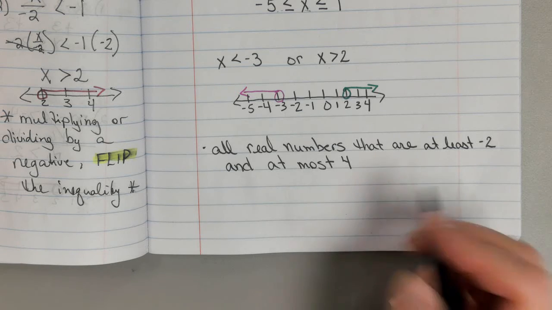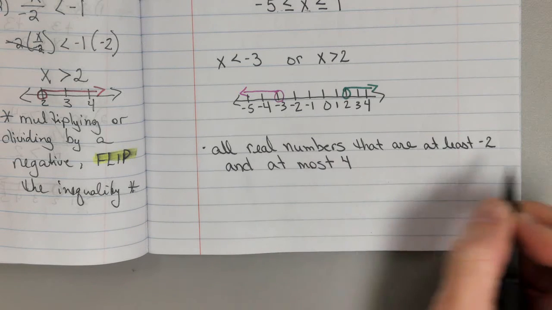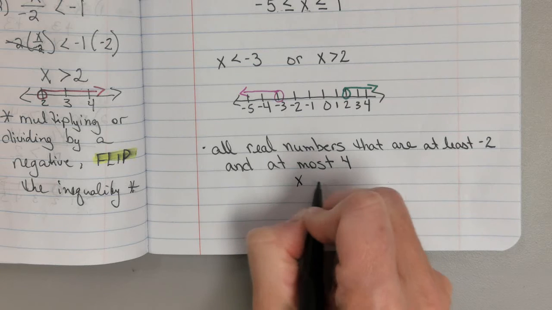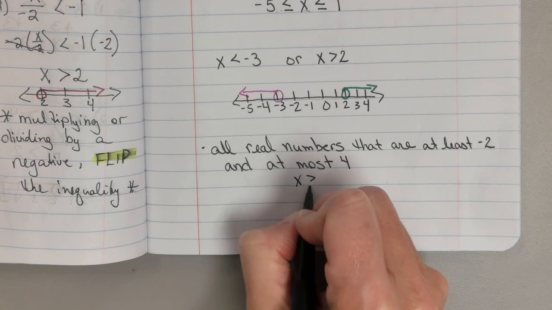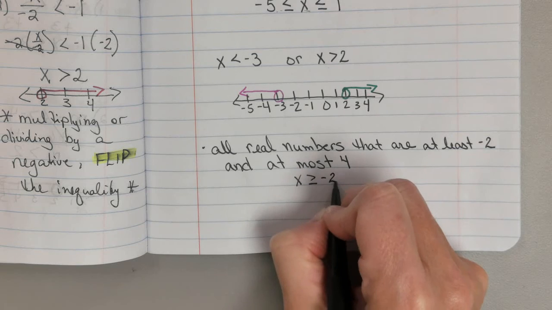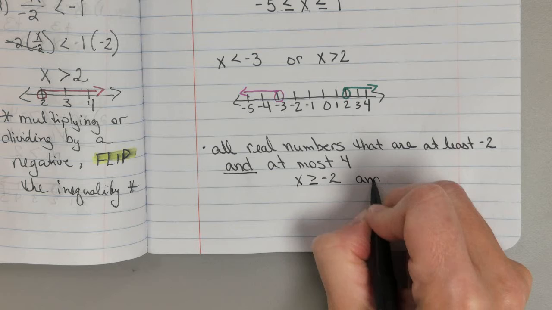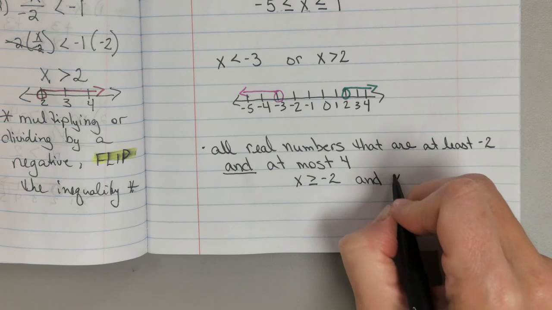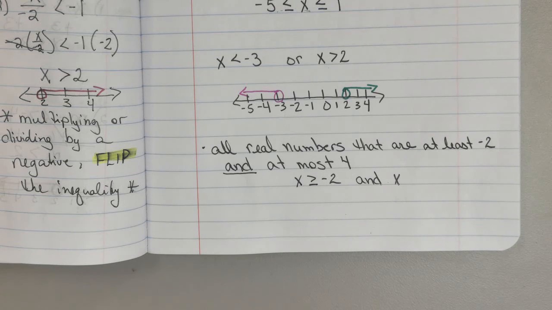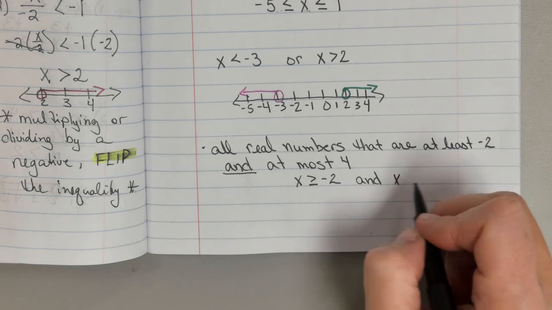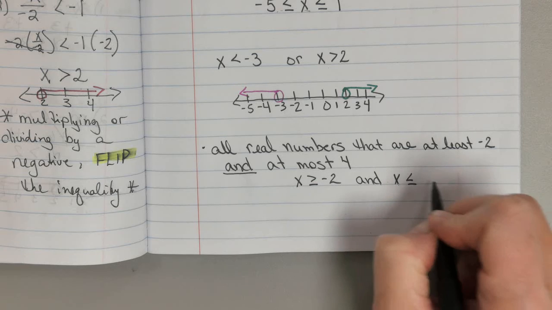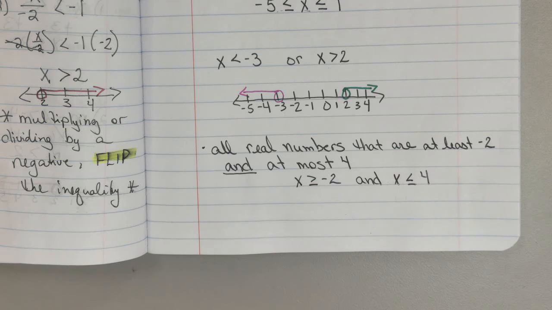So if we were going to write that, we said the at least, so x is greater than or equal to -2, and they gave you the word and. And x, it says at most 4, so what do we use? Less than or equal to 4. So we can write it like that using the word and, or we can put them together.